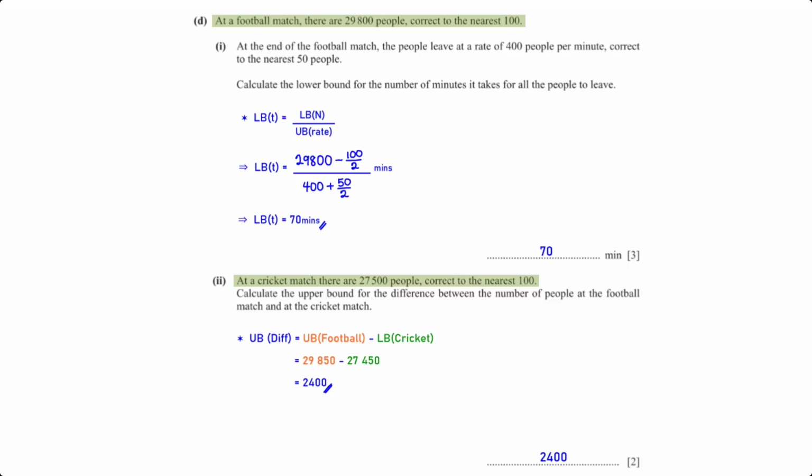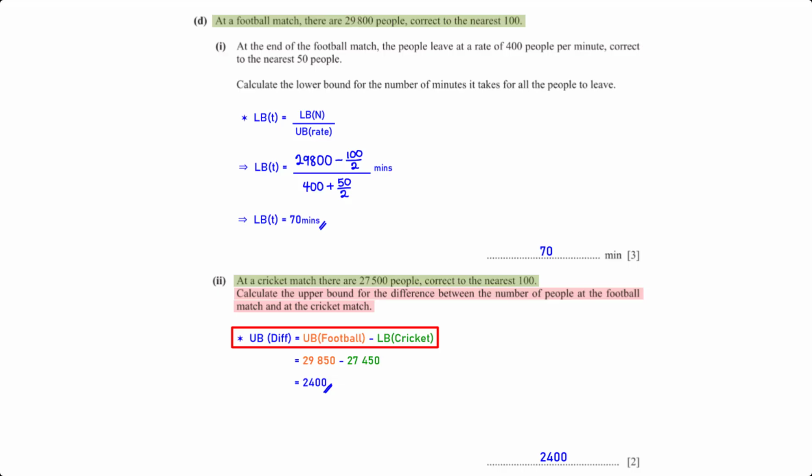At a cricket match, there are 27,500 people. Correct to the nearest 100. Calculate the upper bound for the difference between the number of people at the football match and the cricket match. To get the upper bound of the difference, we subtract the lower bound of the number of people present at the cricket match from the upper bound of the number of people present for the football match.